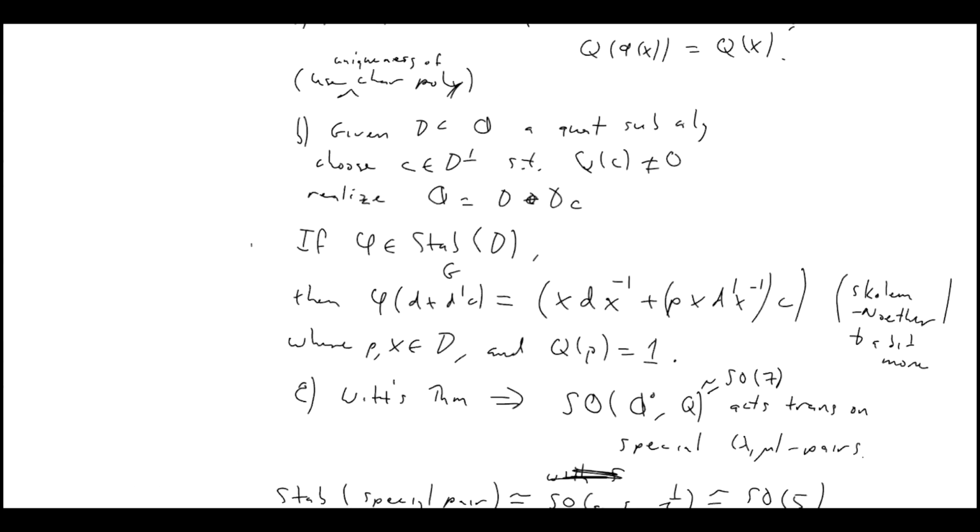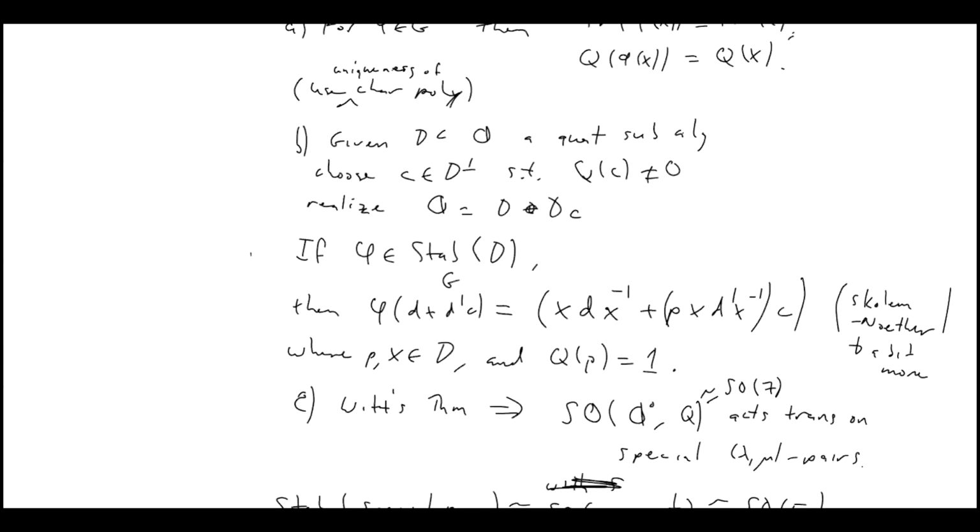B was all about what are the automorphisms which stabilize a quaternion subalgebra, and we found that it has to be of this form. But if we further know that it fixes D, then this is telling us that X is central.